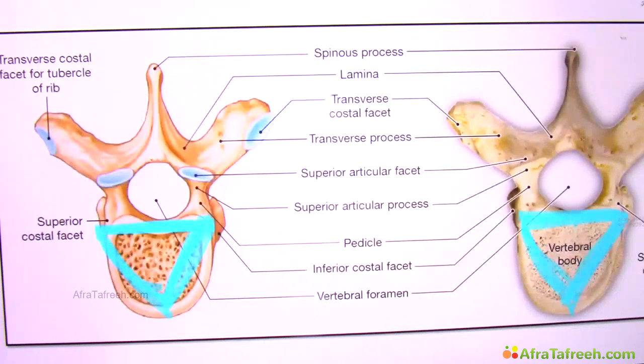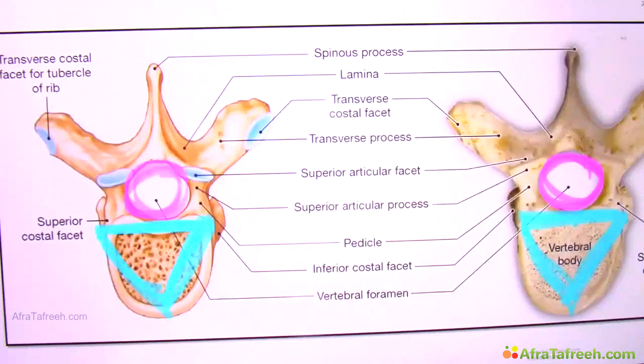No, actually, most of the vertebra will be triangular, but not necessarily. So it is not strictly so. No, but we say that the thoracic vertebra, the shape of the body is heart shape or triangular. Then what is the vertebral foramen? Vertebral foramen is oval.